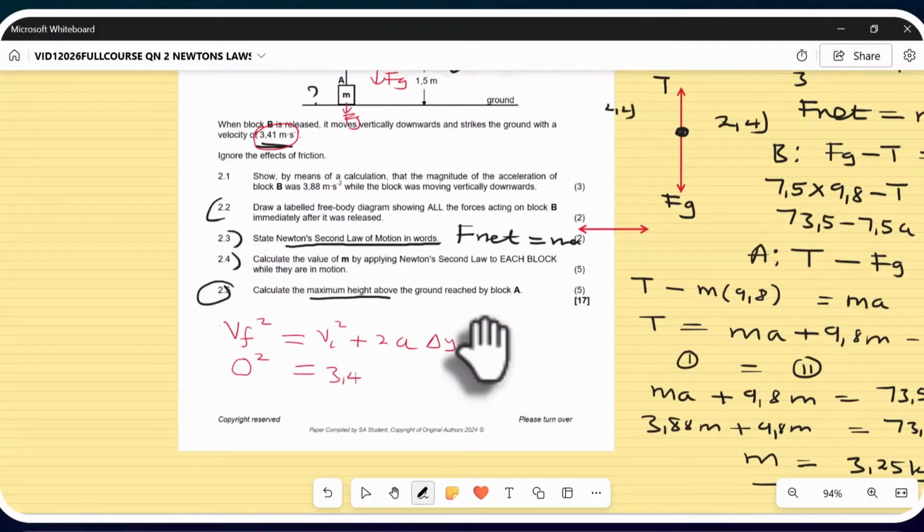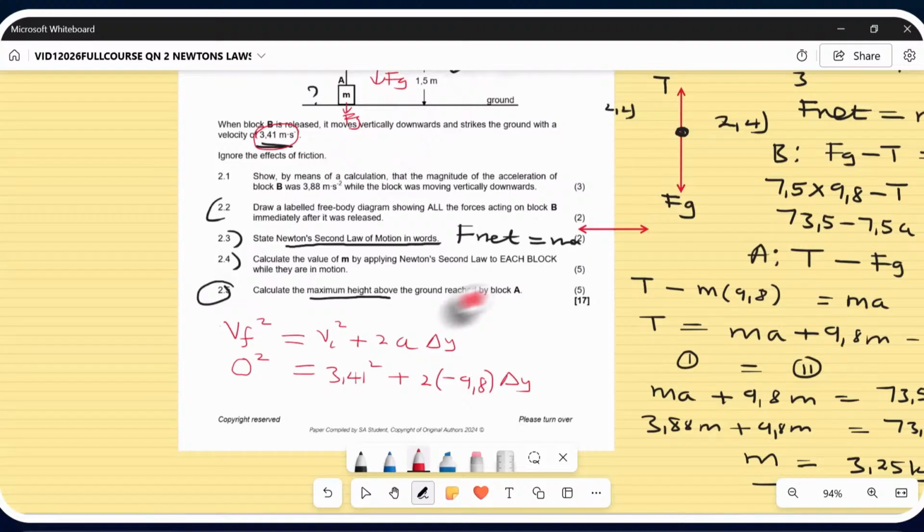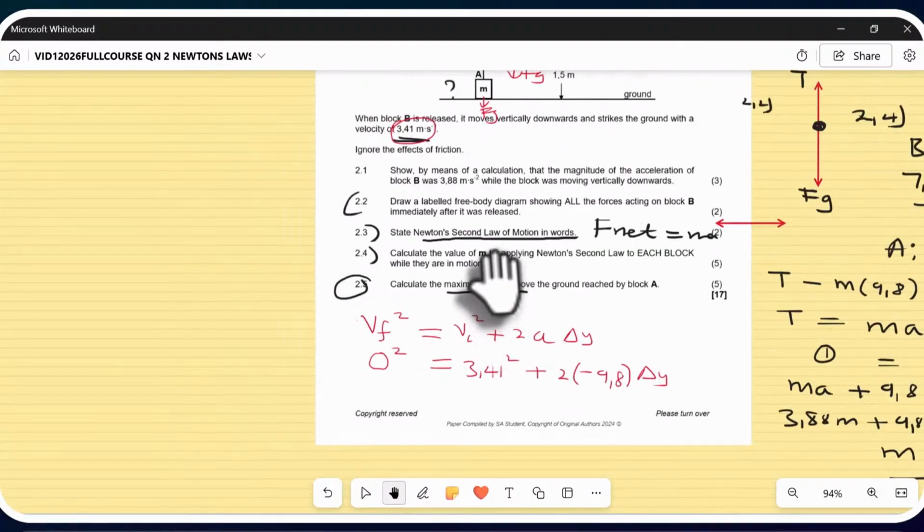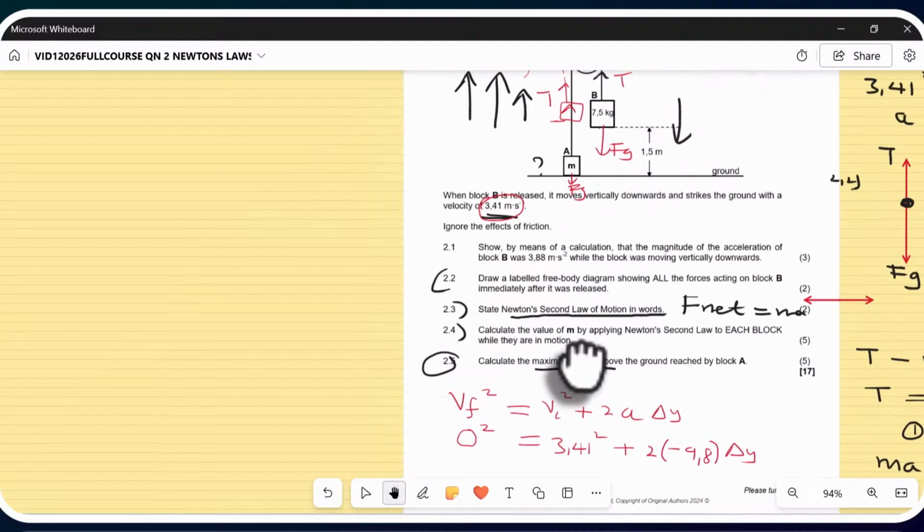If I simplify with the calculator, my change in y is equal to 3,41 squared divided by 19,6. Calculator, what do you get? Here I'm getting 0,59.